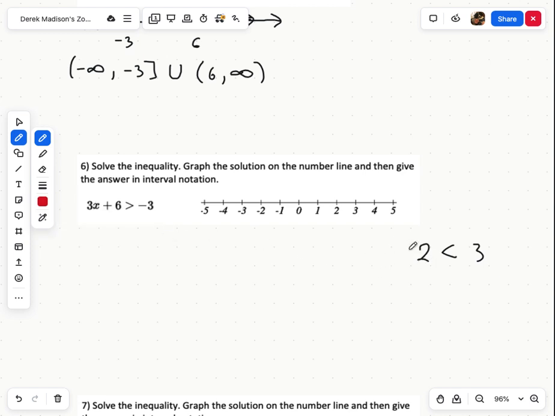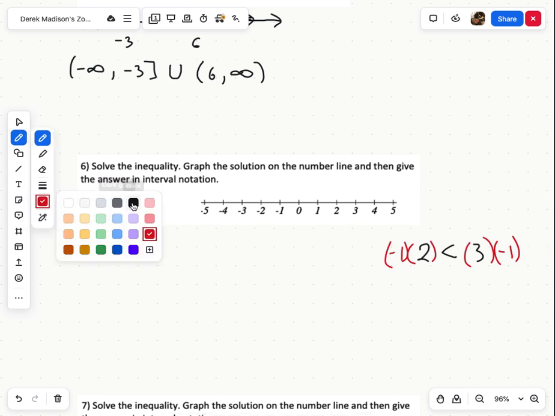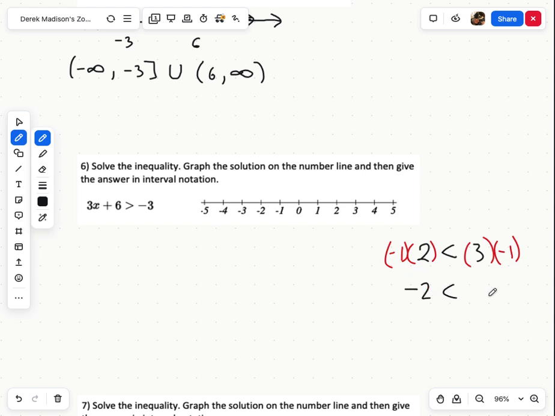Let's say I multiply both sides of this by negative 1, because for some reason that is useful for me to do. When I'm working on an inequality or an equation, as long as I do something to one side, I have to do it to the other. But it's legit to do that, and we'll see that we do end up multiplying or dividing by a negative frequently. So that would be negative 2 is less than negative 3 if I did this wrong.